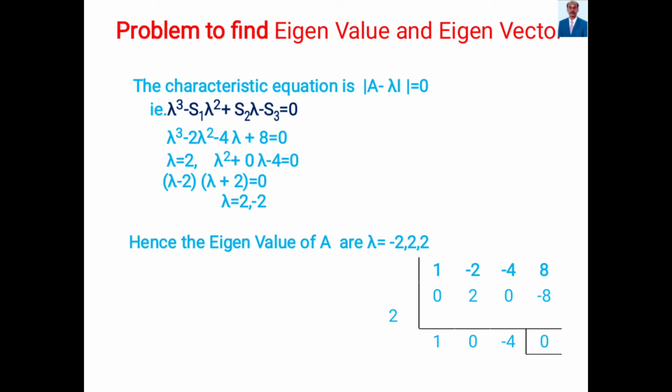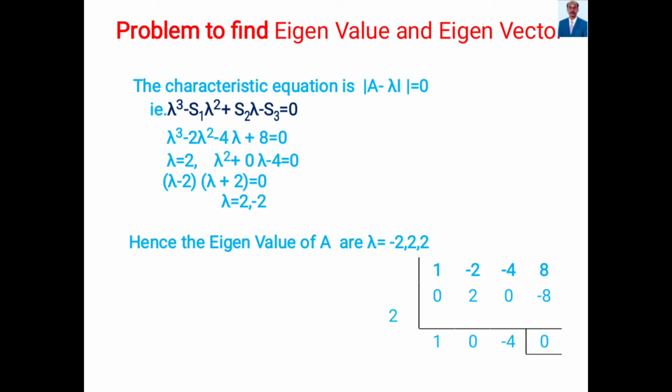If you want, we can apply the trial and error method, so we can easily get it. Here I will show: 1 minus 2 minus 4 8. The first term will be 0. Then we take the first element in the second row as 0, so 1 minus 0 is 1. Then we multiply with the trial root. First we check 1, then minus 1, then 2.